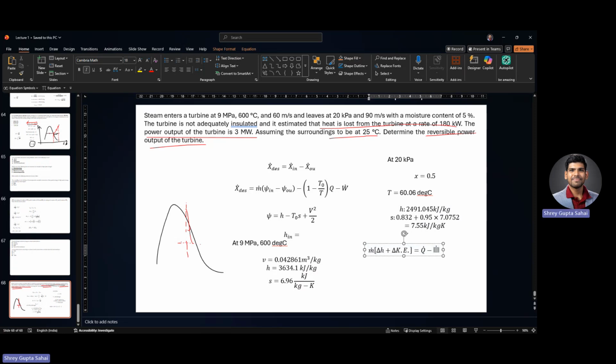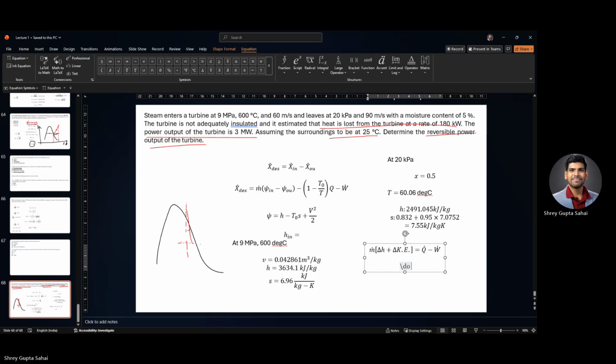So from here we will find out m dot first of all. So m dot, Q dot is minus 180 kilowatts. Okay, this is minus. So we can actually take out the minus common.